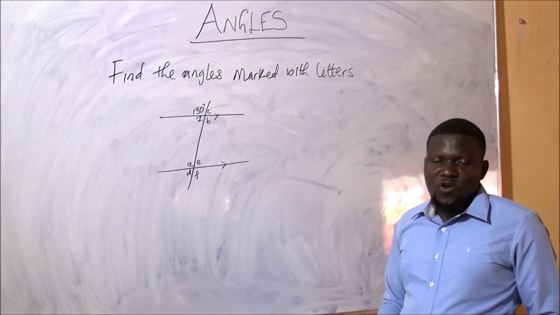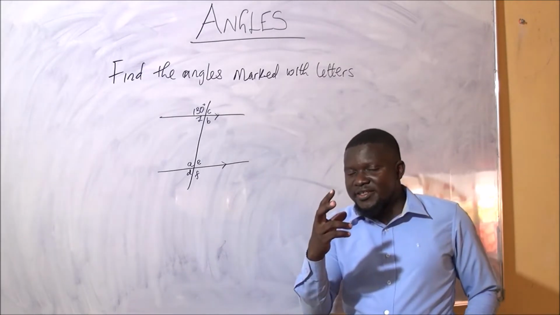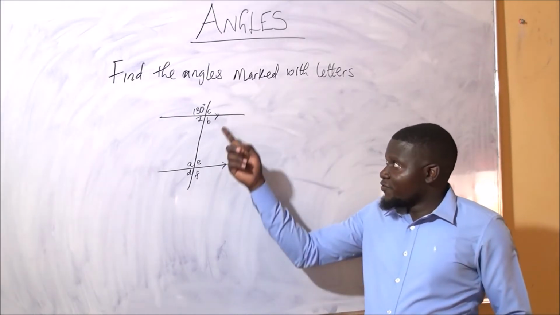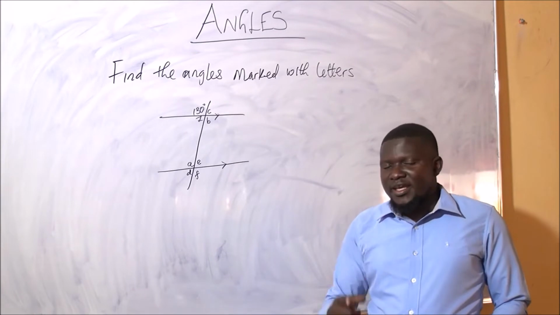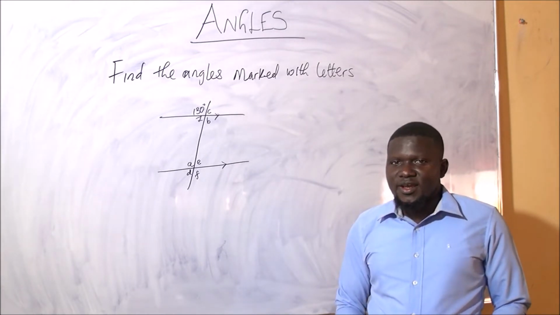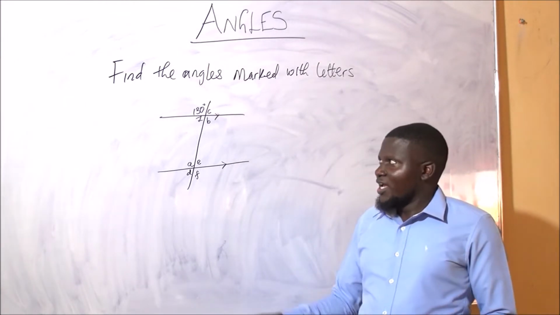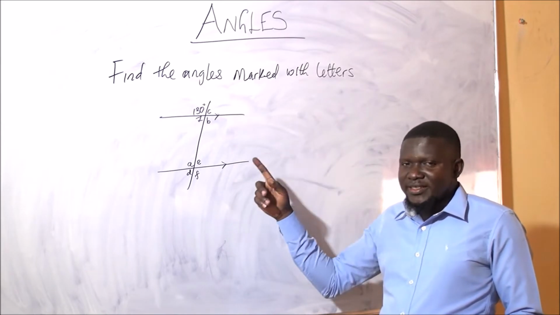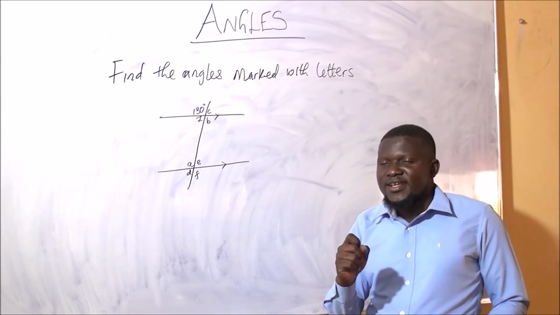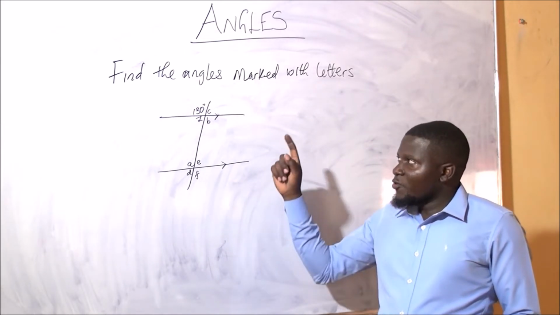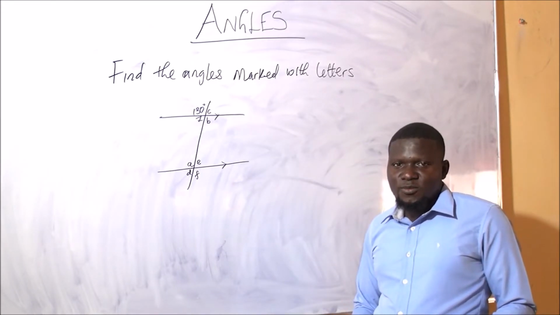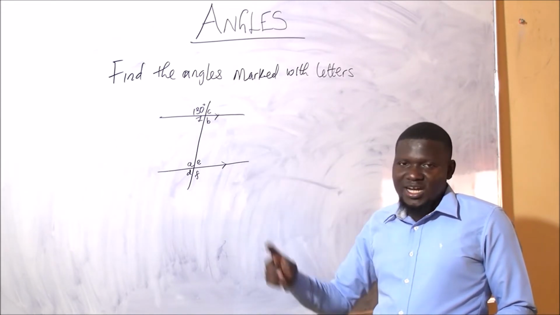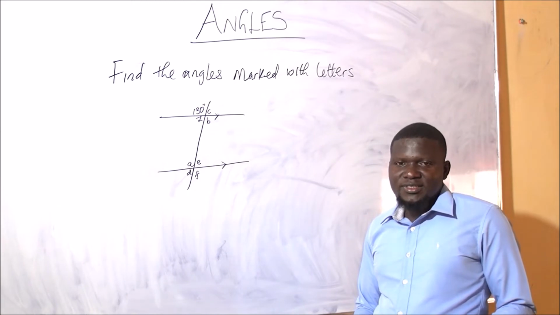Suppose the question consists of two parallel lines and a transversal line which cuts the two parallel lines. We are told from the beginning that when two lines are cut by a transversal, corresponding angles are formed. Alternate angles are formed.